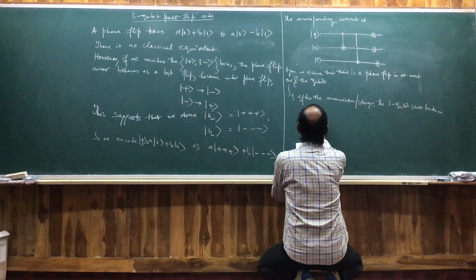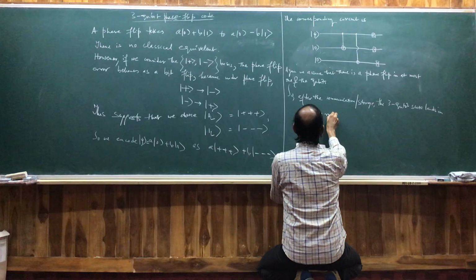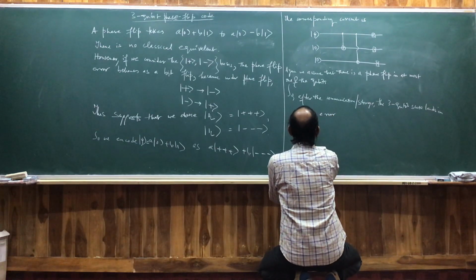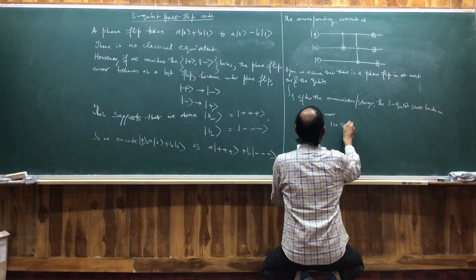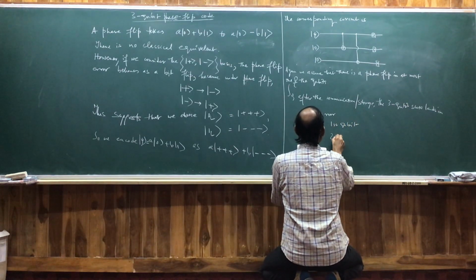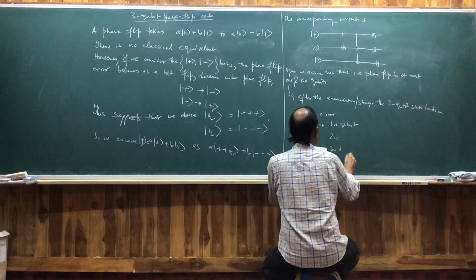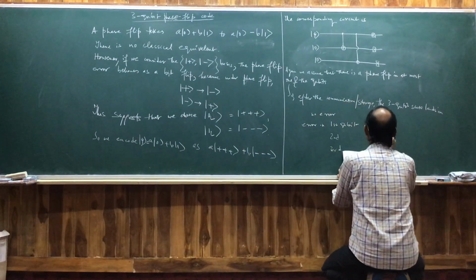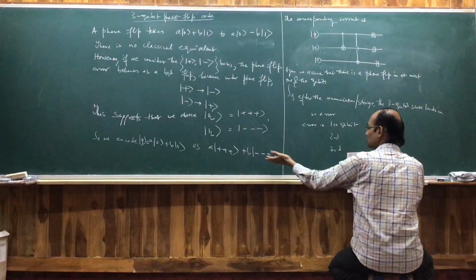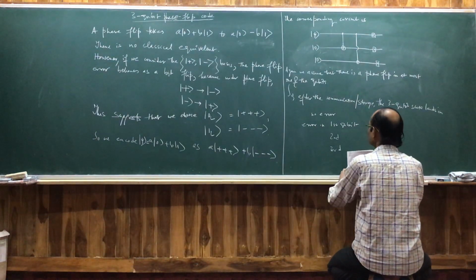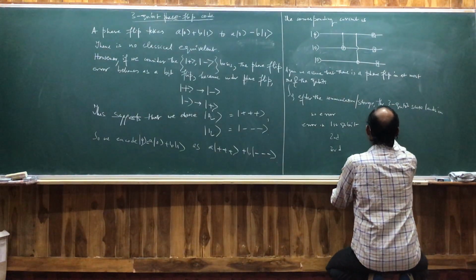So, if there is no error or you have an error in the first qubit, second qubit, or third qubit, correspondingly you will have, this is the initial thing, it goes through the channel or is stored in a device, and if of course there is no error, it is the same.